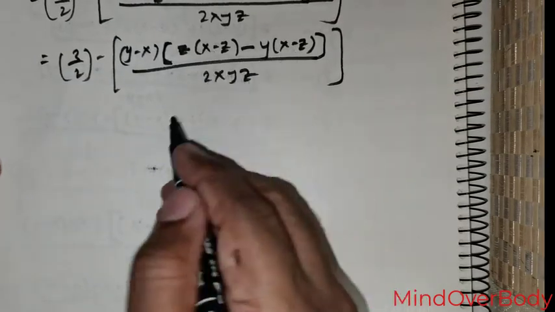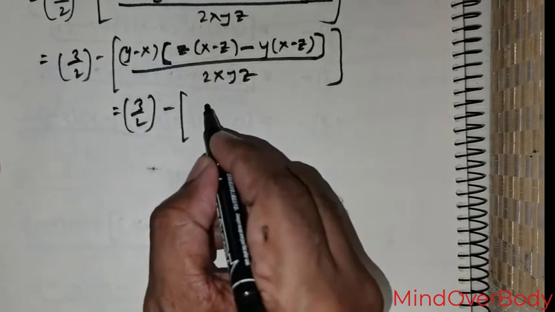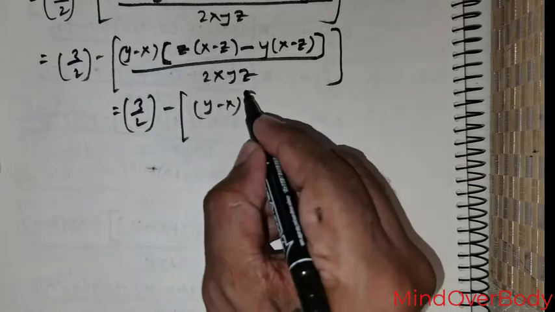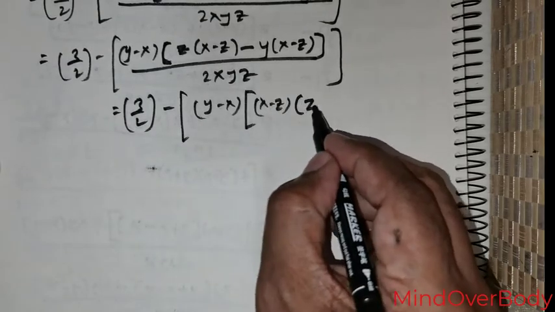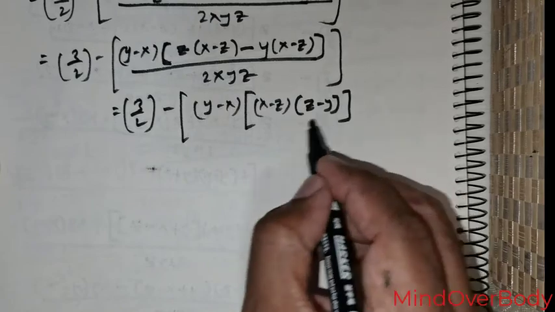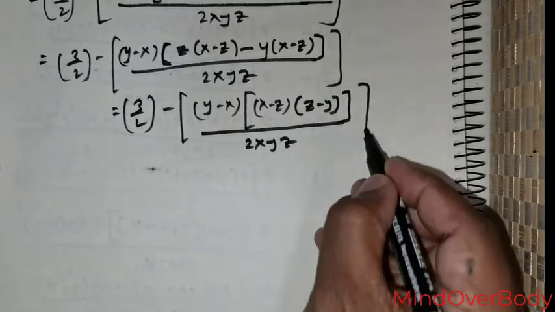Now x negative z, that can be taken out. So this is y negative x. I take x negative z common, so that would give me z negative y divided by 2 times xyz.